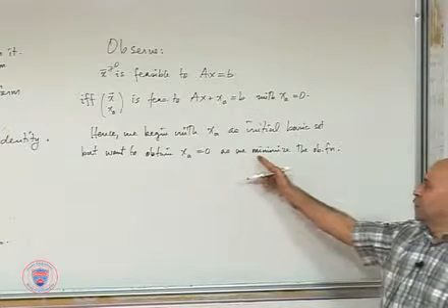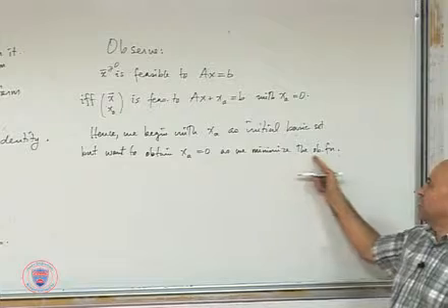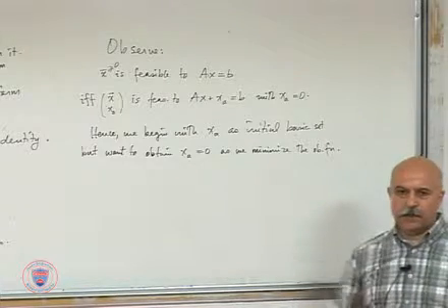Or for a maximization problem, as you maximize the objective function, you still want XA equals 0, okay?